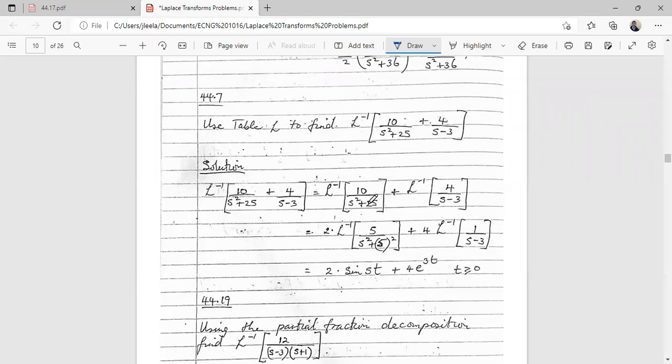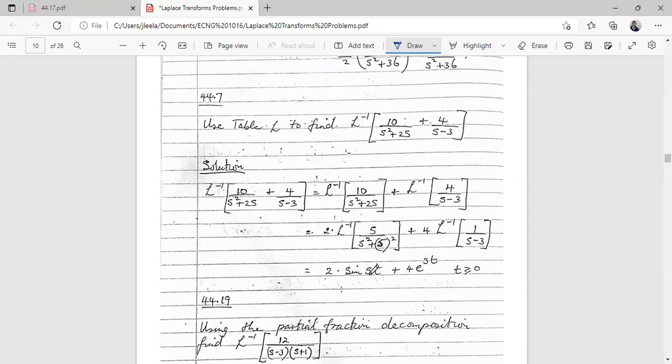Remember this 25 could be written as 5 squared, which means you'll have to have a 5 on top here, right? So if you have a 5 on top and you want 10, then you have to multiply by 2. So you see a factor of 2 on the outside, right? So you have your 5 over s squared plus 5 squared, and you're taking the Laplace inverse of this.